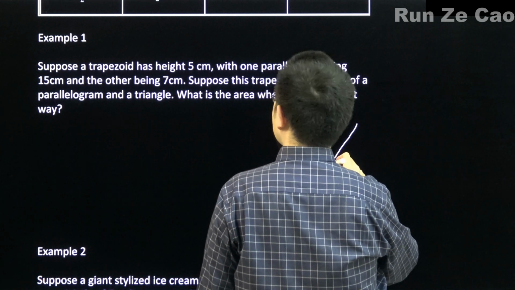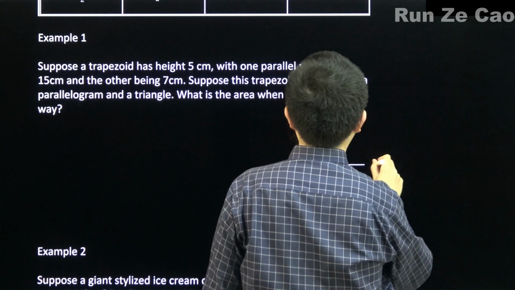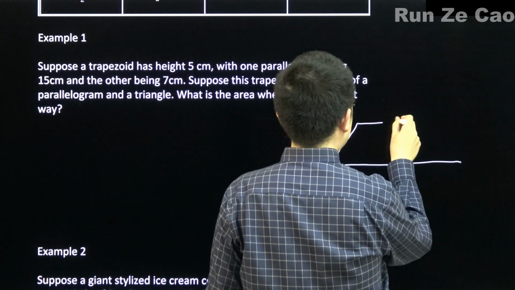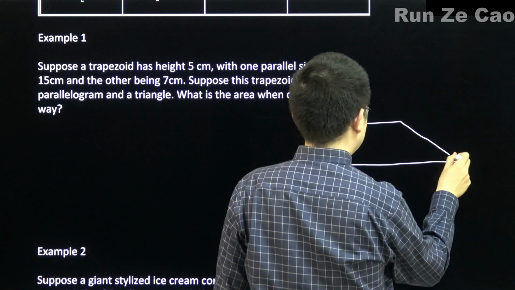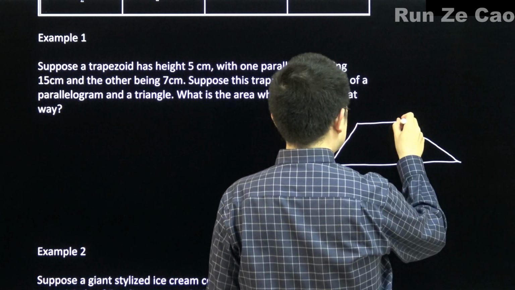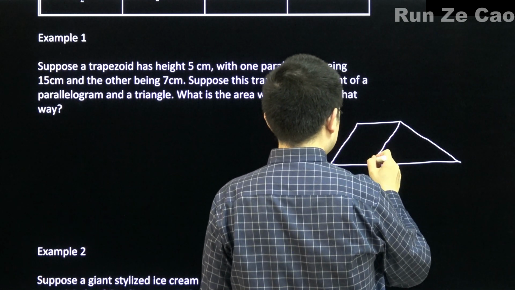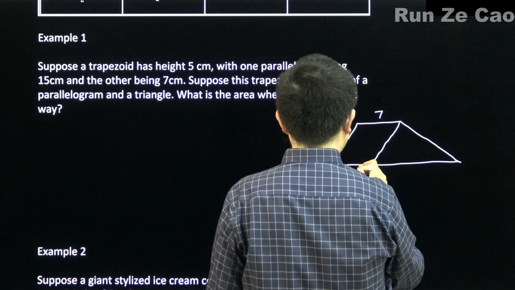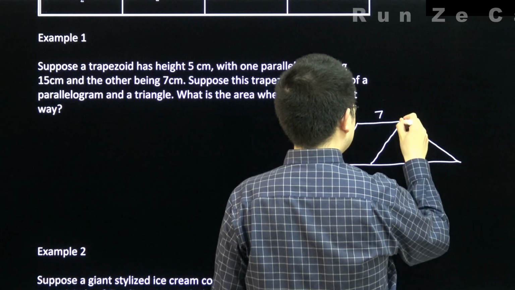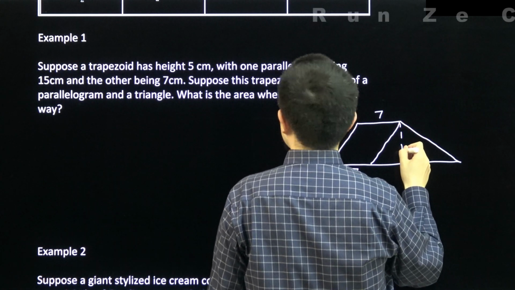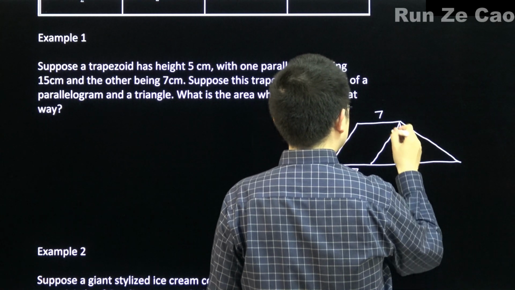So, one side is 15 centimeters and the other side is 7. And the height is 5 centimeters. We calculate it like this. Now this is 7, this is 7, this is 8. And this is 5.